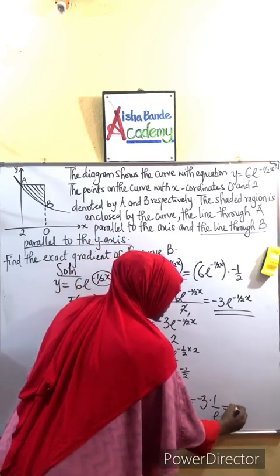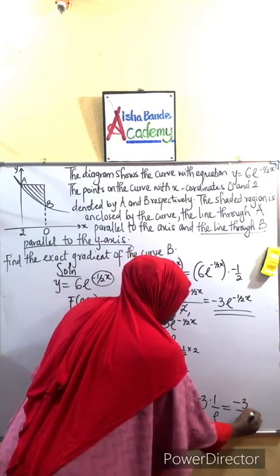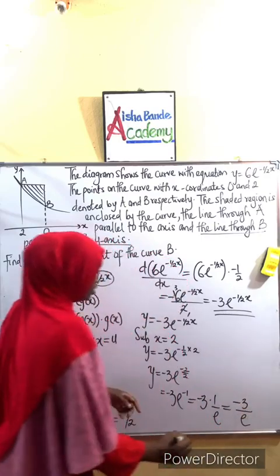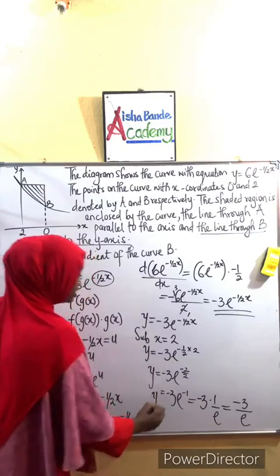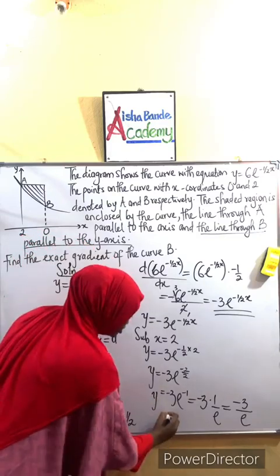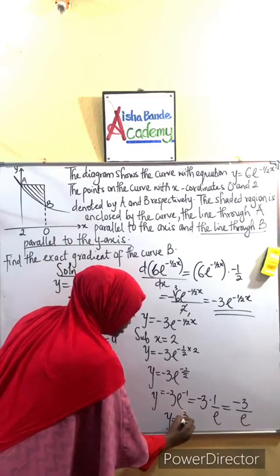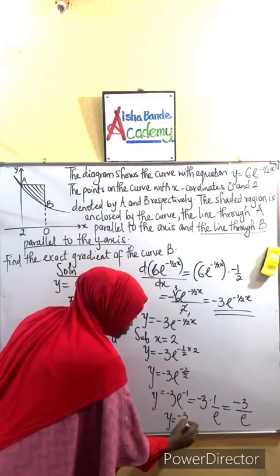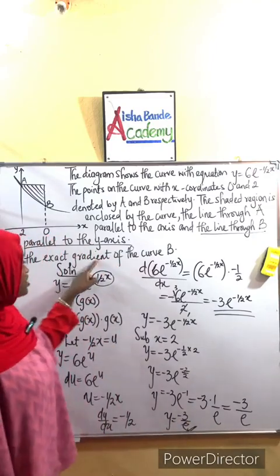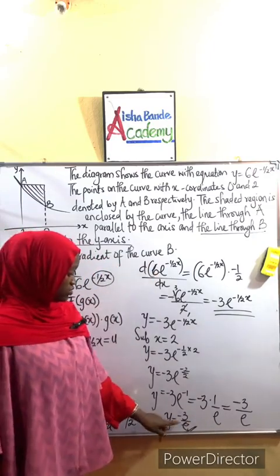So this is the same as minus 3 over e. Now this is our final answer, that dy dx equals minus 3 over e. So the exact gradient of the curve at B is minus 3 over e.